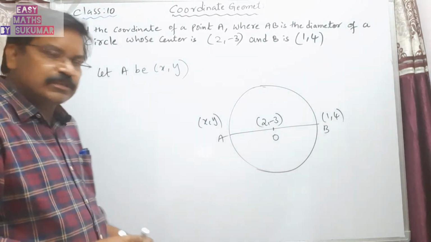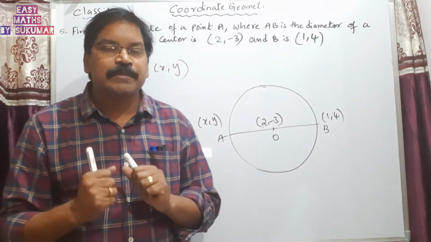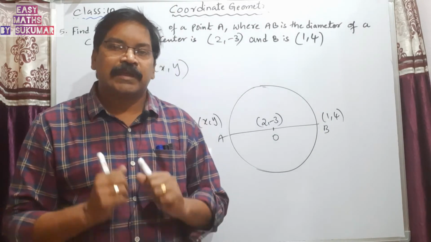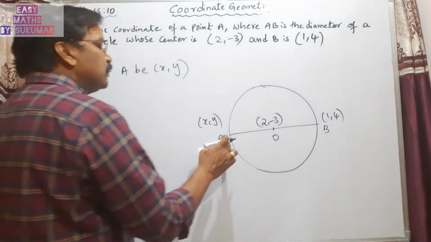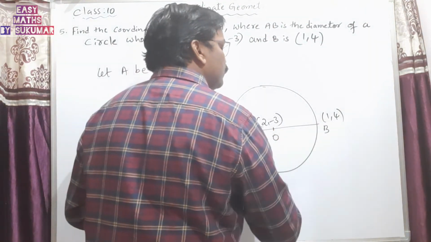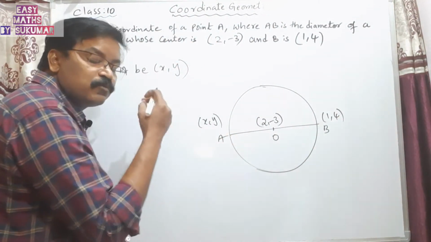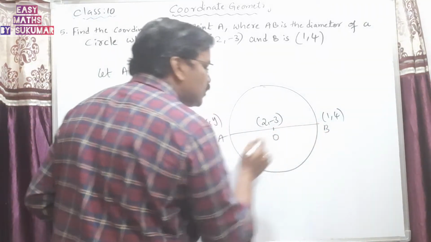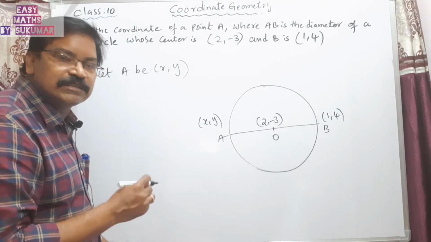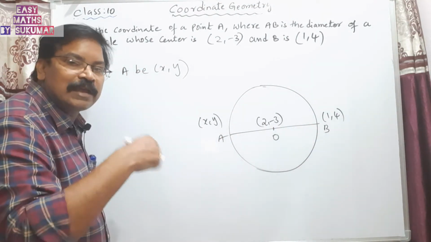See my dear students, here A and B are the end points of the diameter of a circle. If you observe, this AB is the diameter, so this O is the center of the circle. That means the midpoint of AB should be equal to this center. Why? AO and OB are the radii of the circle.